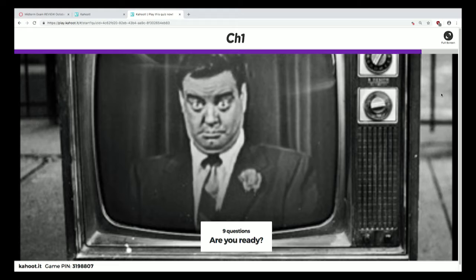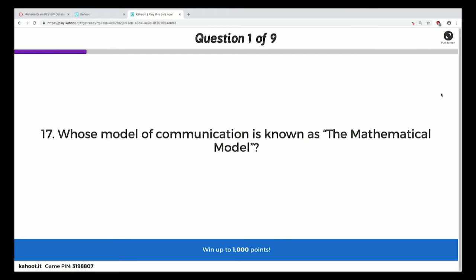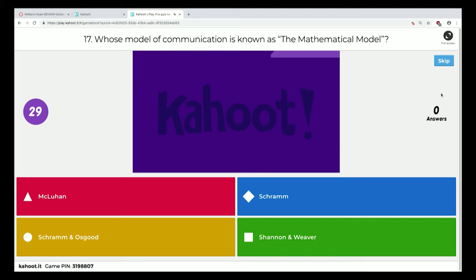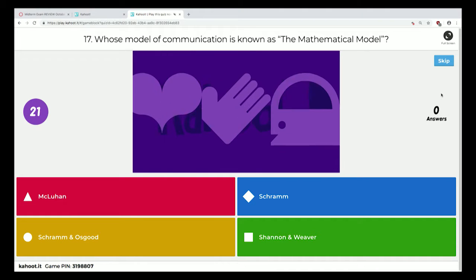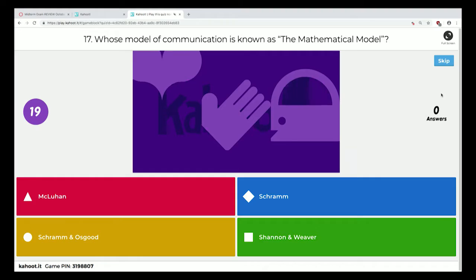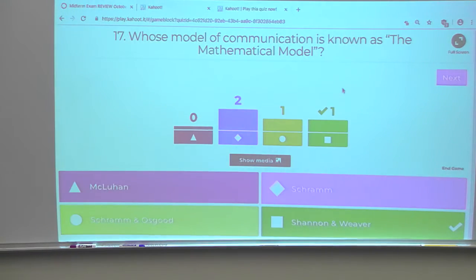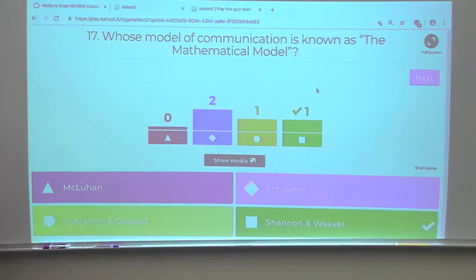So questions here. Whose model of communication is known as the mathematical model? Can't see it. Yep, really can't. Can you see it on your phone? No. Oh, it just shows you the options, huh? The shapes. Okay, so what are we going to do with this now? Well, the answer to this one was Shannon and Weaver had the mathematical model.